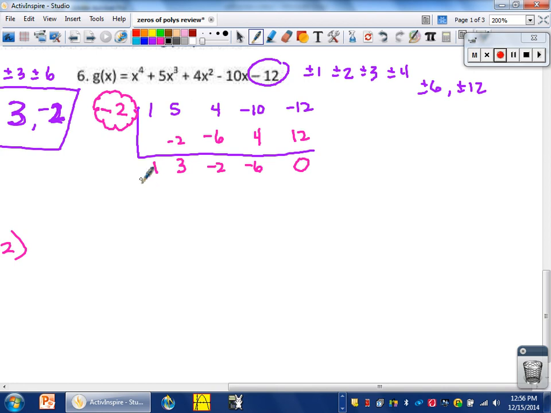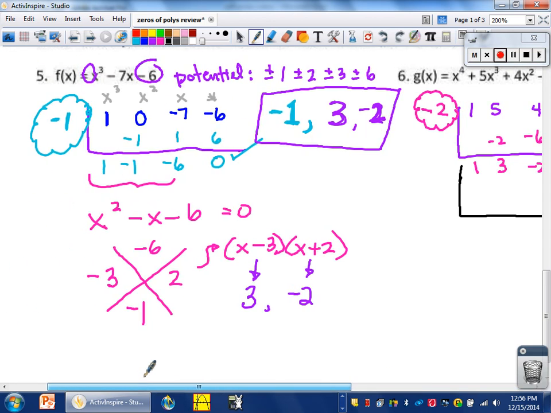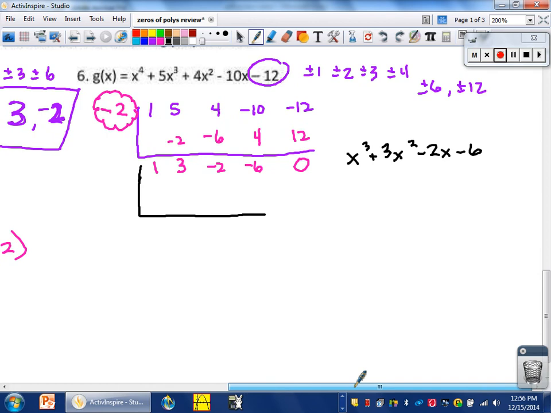So now we have to use synthetic division one more time, and we use our quotient. So we're going to use these 4 numbers, and use synthetic division once again. Because this is a 4th degree, we're left with x cubed plus 3x squared minus 2x minus 6. So here we have a cubic just like we had in the last problem. So we've got to get our cubic down to a quadratic, because we have lots of ways to solve quadratics.